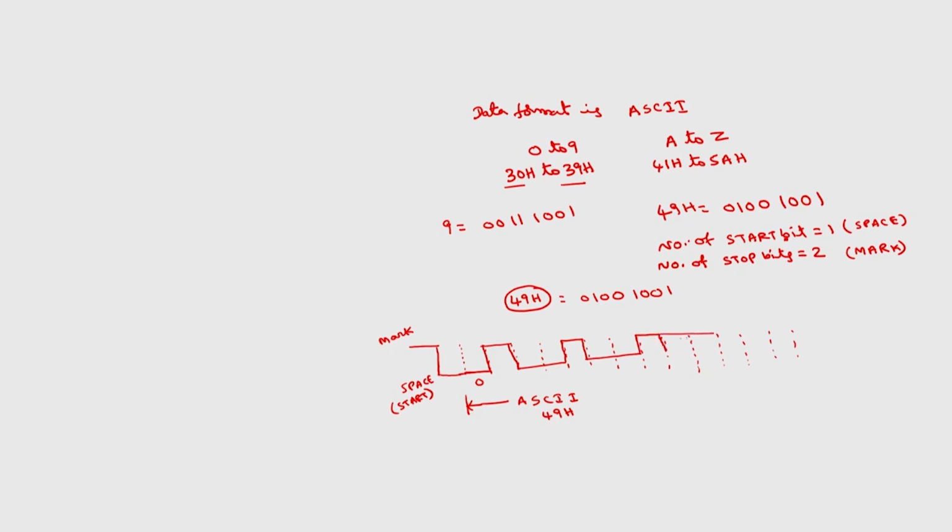So, this is still on, both are on, 1 0 0 1, up to here the ASCII character ends, but these two are stop bits.